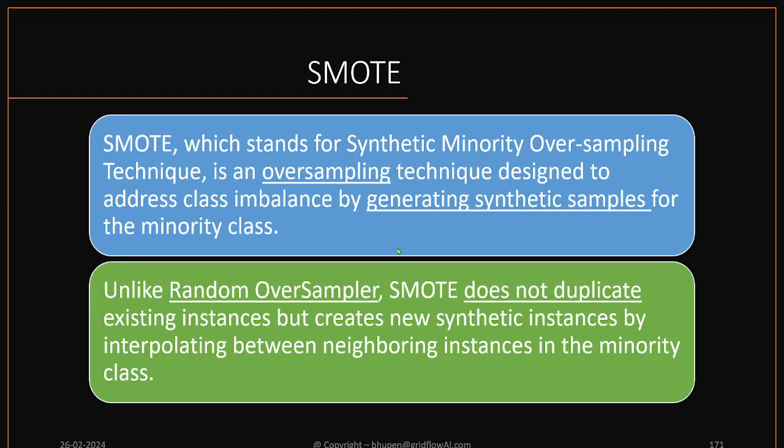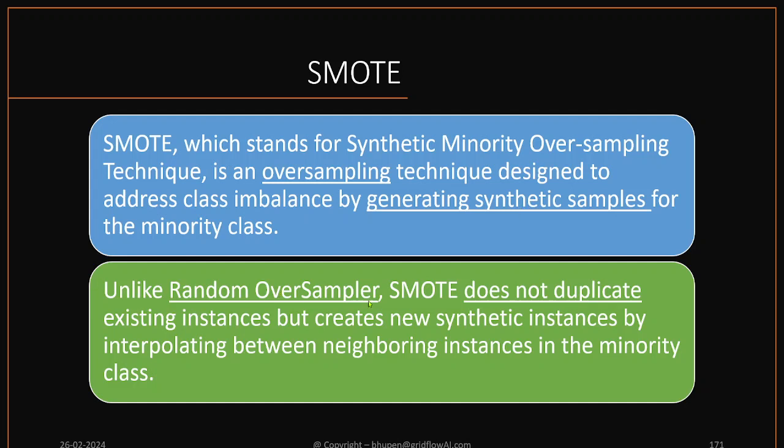So let's talk about SMOTE. SMOTE stands for Synthetic Minority Oversampling Technique. It's an oversampling technique which is advanced and slightly sophisticated. It generates something new, unlike the random oversampler.